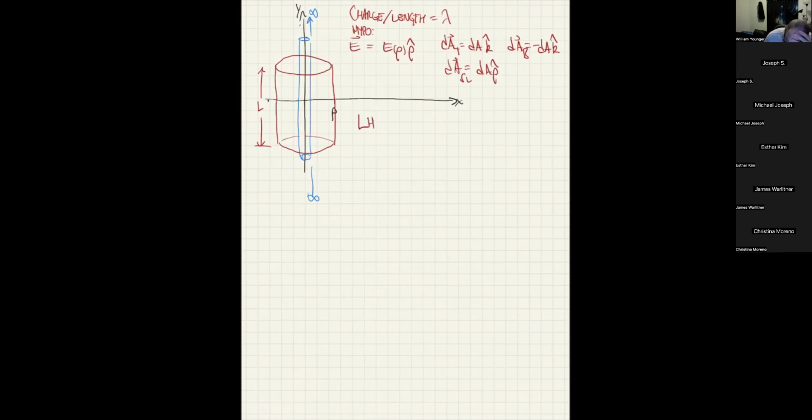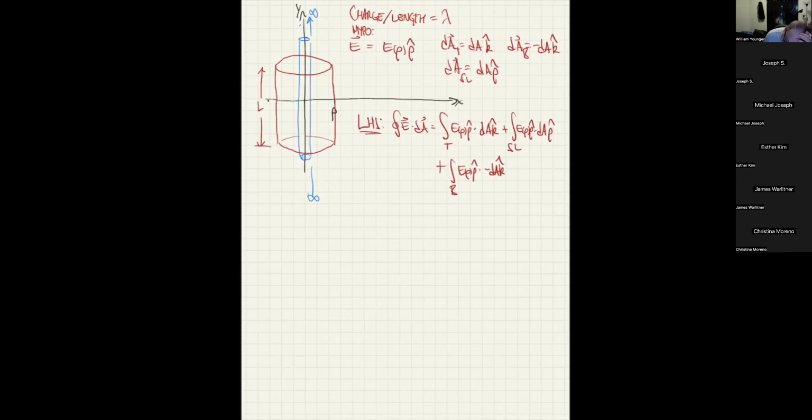Left-hand side of Gauss's law, the closed integral E dot dA, is going to be the integral of E of rho hat dotted with dA k hat over the top, plus the integral of E of rho hat dotted with dA rho hat over the soup label, plus the integral over the bottom of E of rho hat dotted with negative dA k hat.